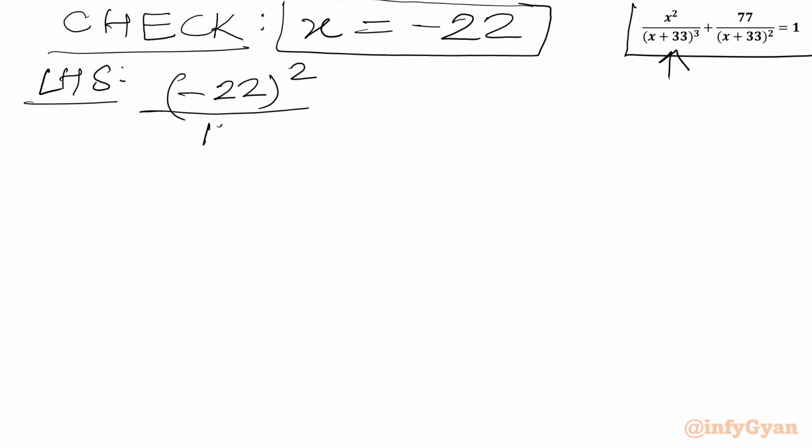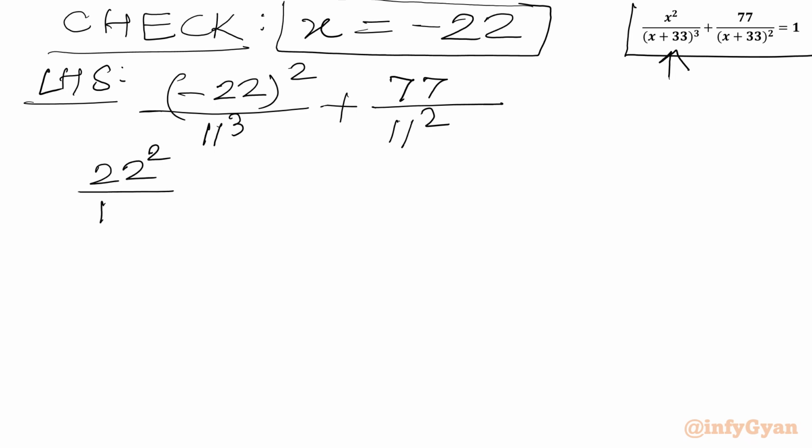So can we write 11 cube? 33 minus 22 is 11, plus 77 over minus 22 plus 33. Again 11 is square. Now minus square is plus. So I will write here 22 square over 11 cube plus 77 over 11 square.